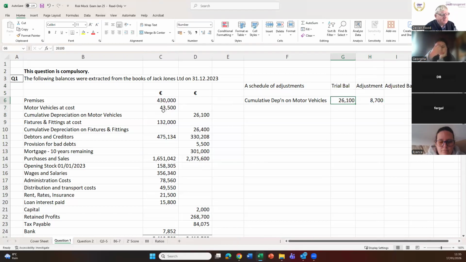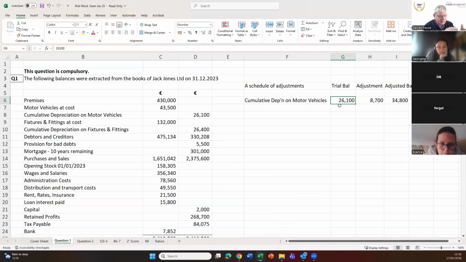So we have 26,100 in the trial balance. We have to adjust it by 8,700. So now our adjusted balance for cumulative depreciation is 34,800. Okay. So when we're looking at our cumulative depreciation on motor vehicles, the depreciation figure was 26,100 last year.